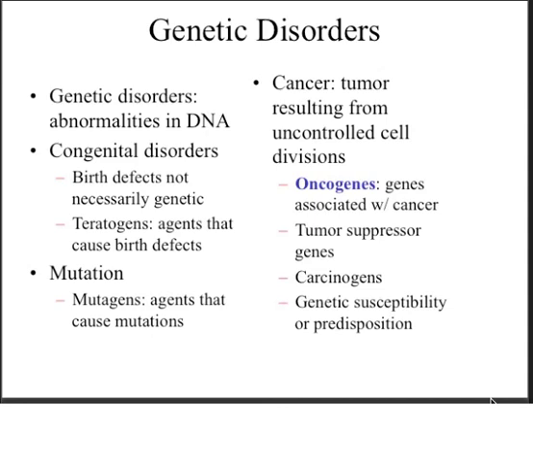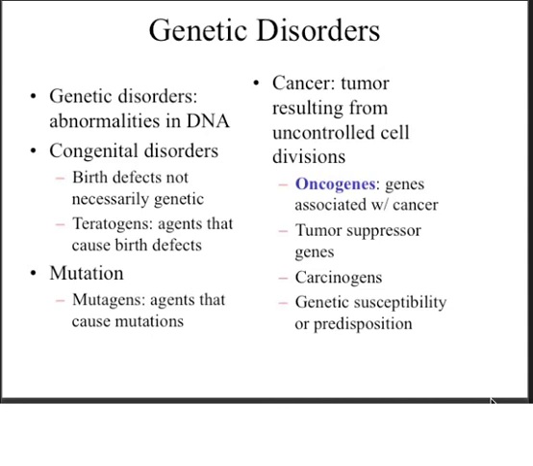Those cells will be destroyed by the immune system before they get a chance to produce conditions such as cancer. Cancer is loosely described as a disease of uncontrolled cell division that results generally from changes in the genetic material. Sometimes it can result from cell division signals that come from other tissue locations.